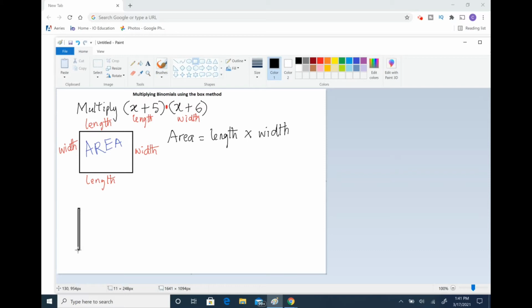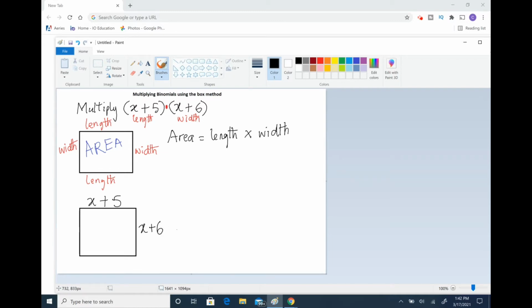Let me draw another rectangle down here and use the numbers that we are given: x plus 5 as our length, and x plus 6 as the width.